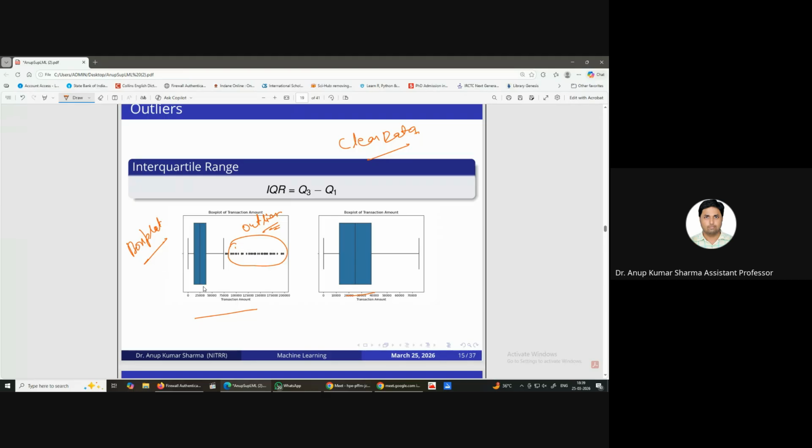These are the outliers of the data. When we remove these outliers, our estimation of the fraud, the estimated amount of possible fraud, is not affected.